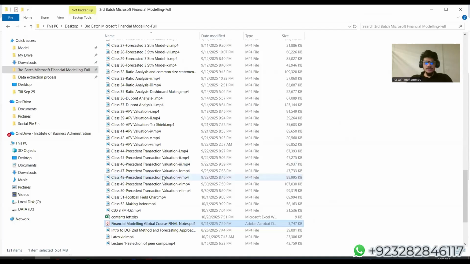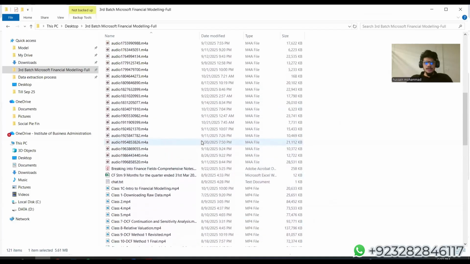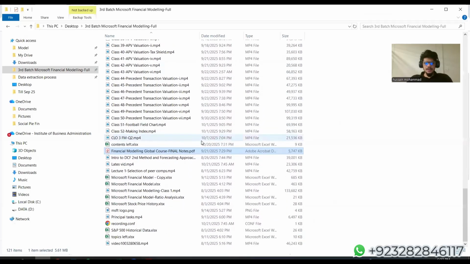So let me open the Excel file where I will do the beta calculation, and you will see in the next class how I have done the beta calculation.